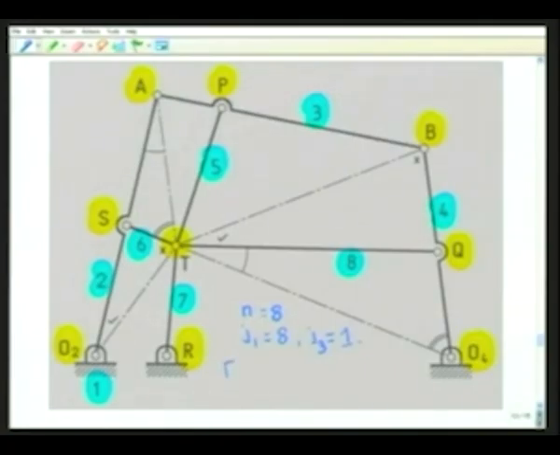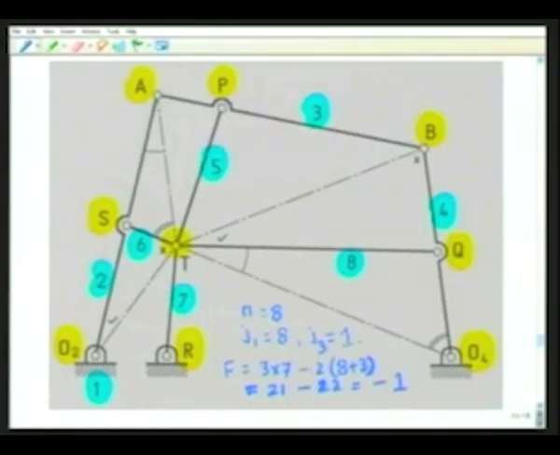So the degree of freedom F is 3 into n minus 1, that is 7, minus twice J1, which is 8, plus 3 times J3, which is 3 into 1, 3. So you get 21 minus 2 into 11, that is 22, which is minus 1. So according to the formula, this should be a structure.